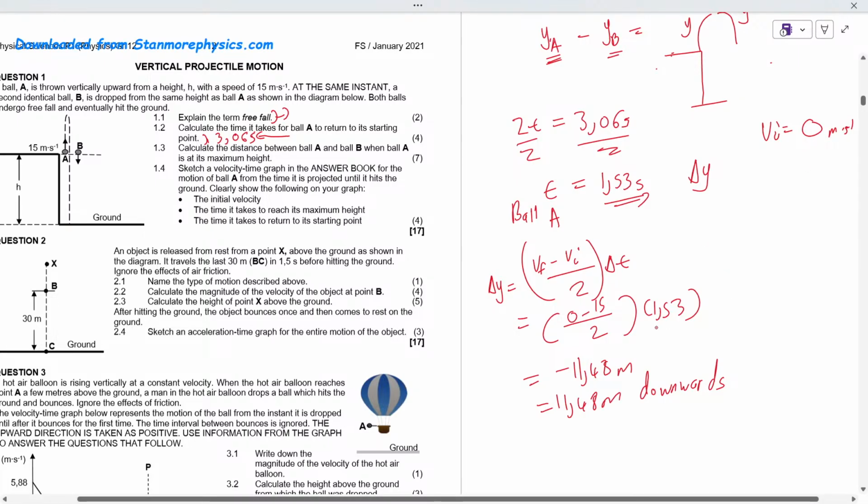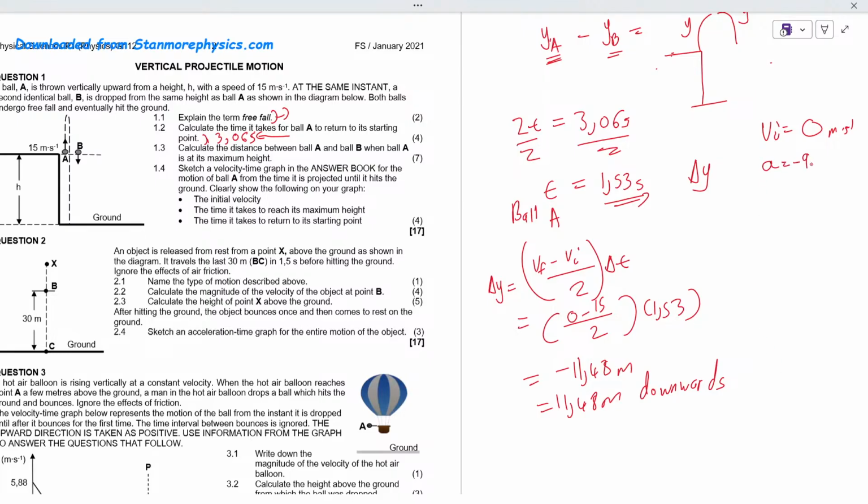What else do we know about B? Acceleration and also time. Acceleration is negative 9.8 meters per second squared. The time, what's the time? 1.53. Yes, that's the very important part.